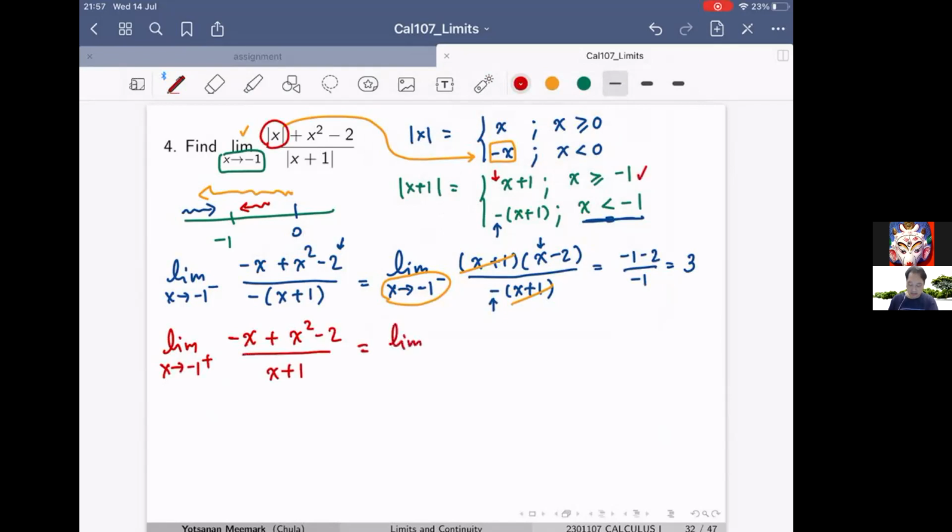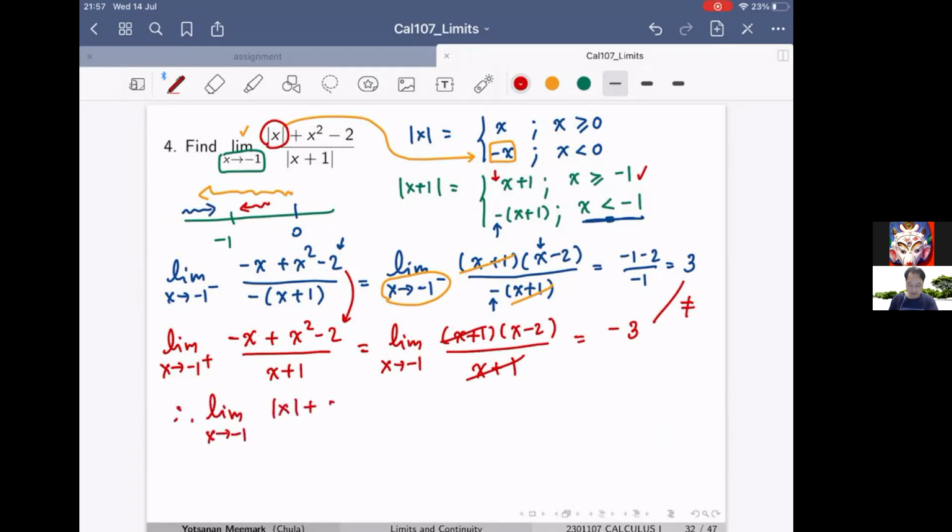Because we have the same factor, but the bottom is not the same, after cancellation you have negative 3. They are not the same, so it means that this limit of this function actually does not exist.